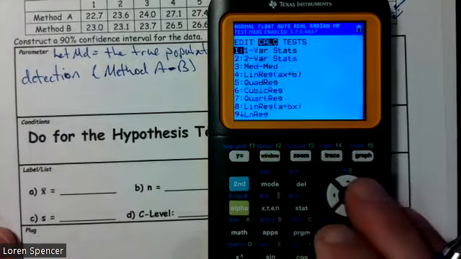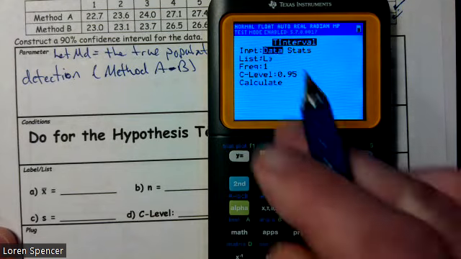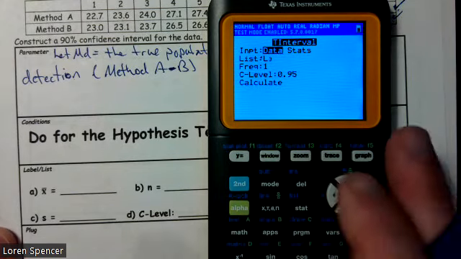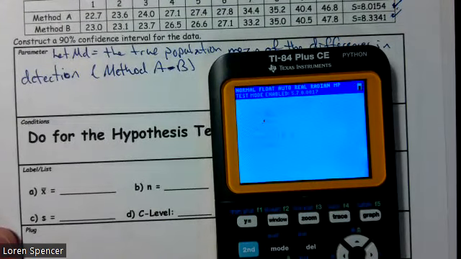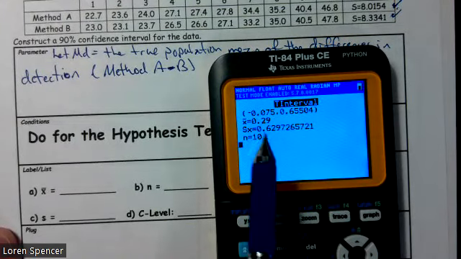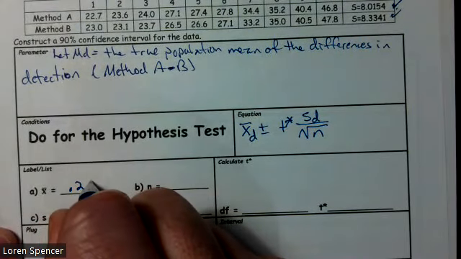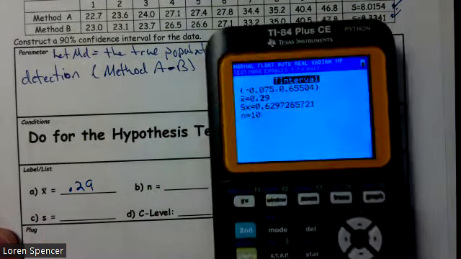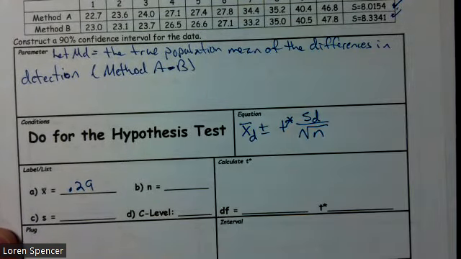The quickest and fastest way is just go STAT, TESTS, and drop down to TInterval. Data needs to be L3, and we're running a 90% interval, so 0.90. And I find out that my x bar is 0.29. I also find out my standard deviation is 0.6297.